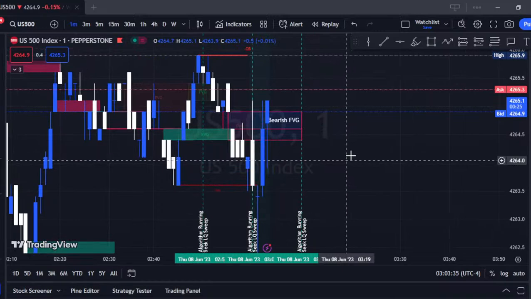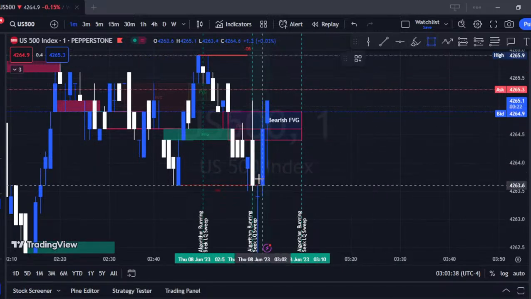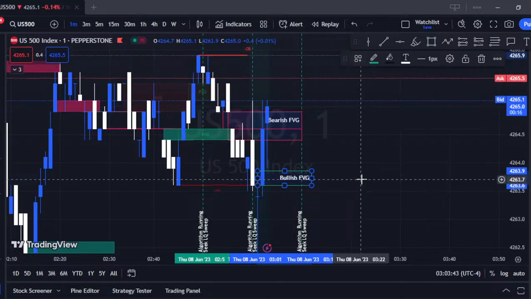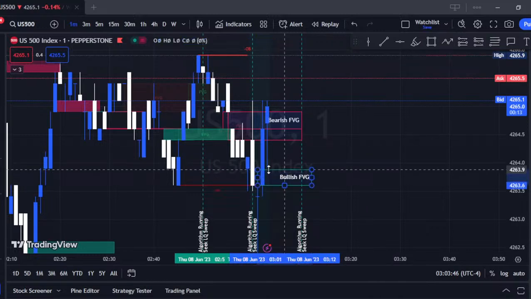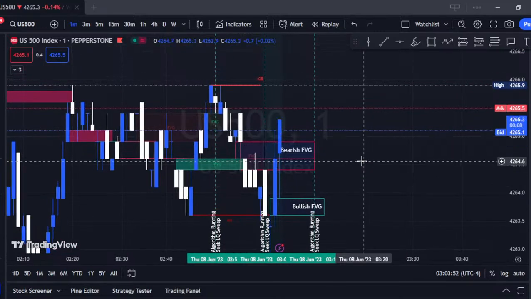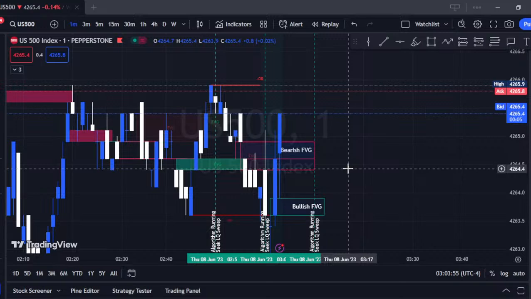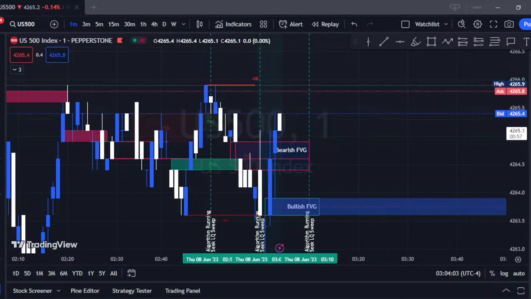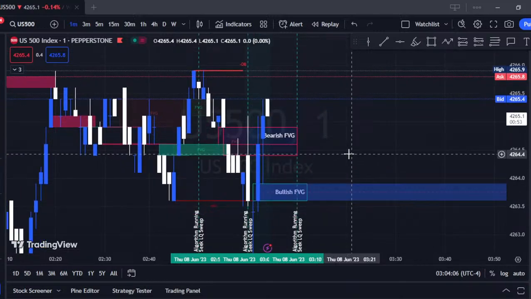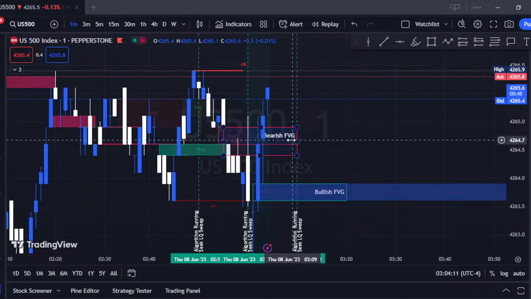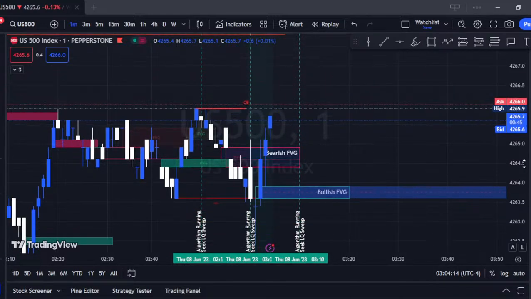This is interesting. 1 minute FVG bullish, but we don't have a BPR here just yet. Okay, we have the first FVG on the session, which is bullish here, the one that I marked, and the price is leaving us.